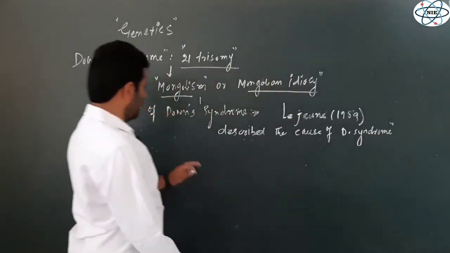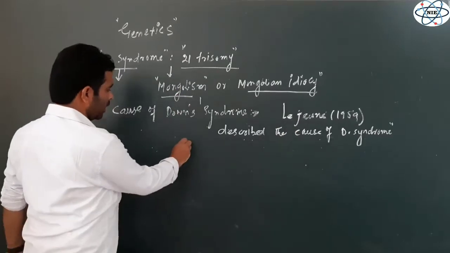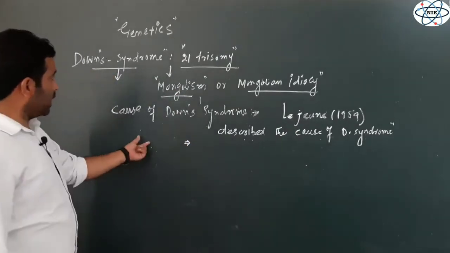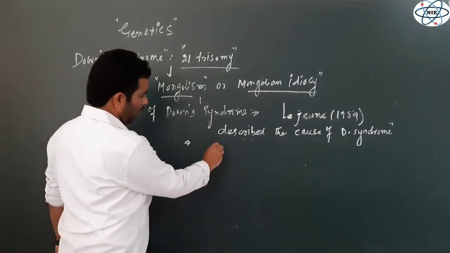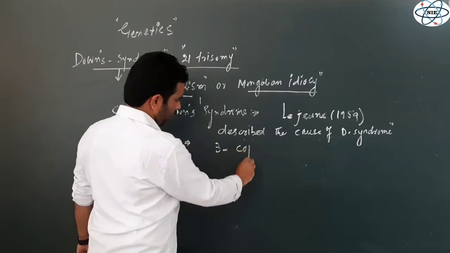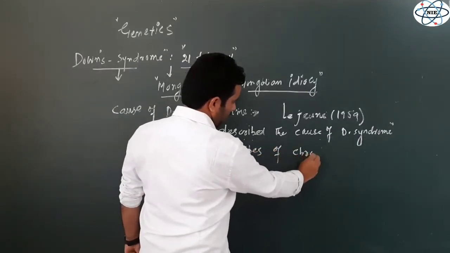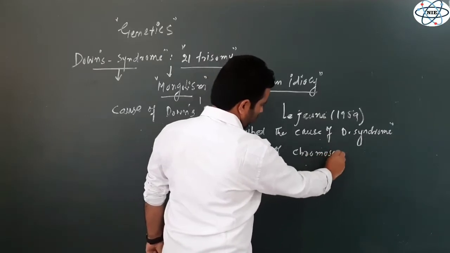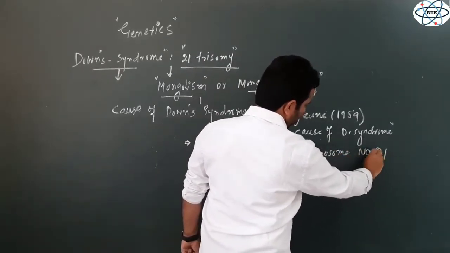And it is this Lejeune who found that in this individual with the symptoms of Down syndrome, there are 3 copies of chromosome number 21. Let me tell you again.